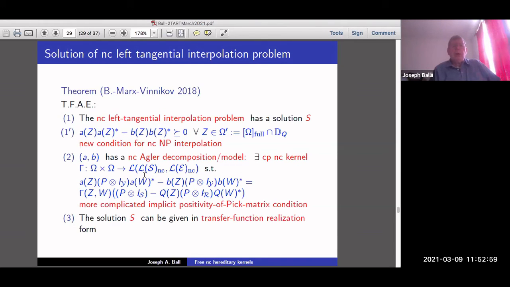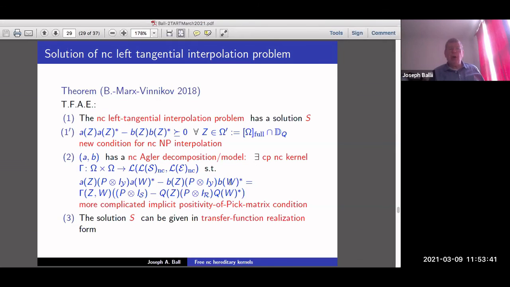So here's the solution from our 2018 paper. Here non-commutative kernels come up. There's a solution to the interpolation problem, and on this extended set omega, just a straight positivity condition with single argument z. And 2 is that, just on omega, not omega prime, we have what Agler-McCarthy call a model, we call an Agler decomposition.